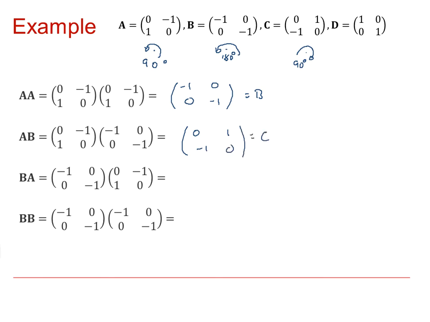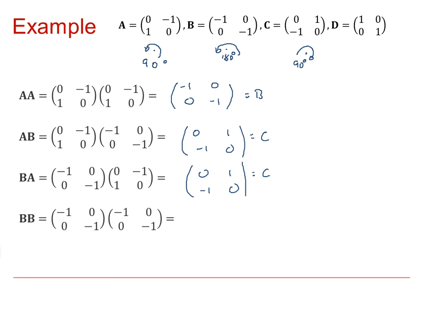And again, thinking about that, A and B combined, so we've got a 90 degree rotation and a 180 degree rotation in an anti-clockwise direction, is going to combine to 270 degrees about the origin, which is the same as going 90 degrees in the other direction, which is C. And also, if we do BA, we get the same, which is C. In general, remember that with matrix multiplication, it's not going to be the case that it's commutative.